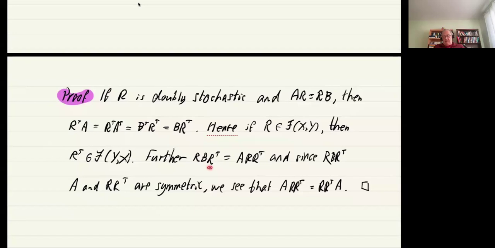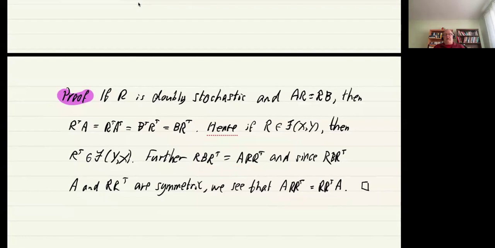And then I notice this is symmetric, and this is symmetric, and the product of two symmetric matrices is symmetric if and only if they commute. So we get in this context that A commutes with R R transpose, and B will commute with R transpose R. I'm not sure I'm actually going to need that, but this is a doubly stochastic matrix. It's symmetric, and it commutes with A.